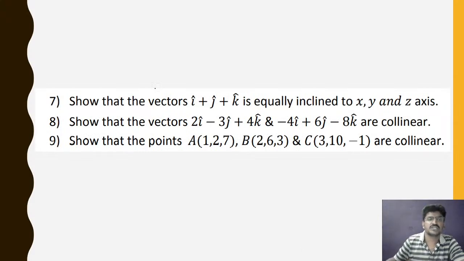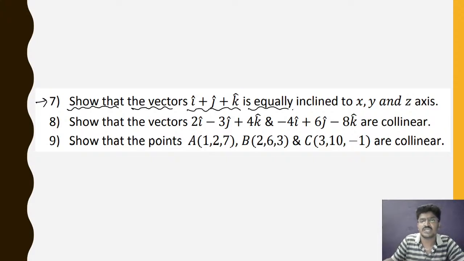See this problem number 7. What is problem number 7? Show that the vector i cap plus j cap plus k cap is equally inclined to the x, y and z axis.